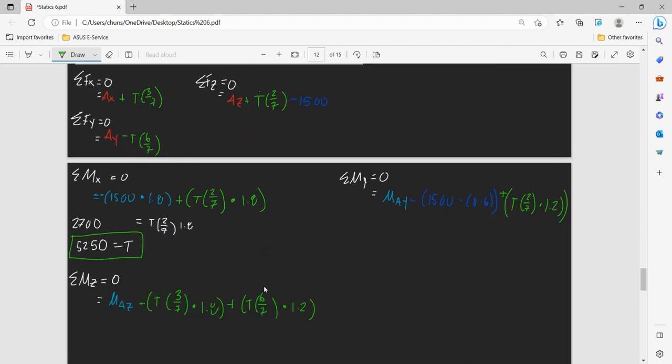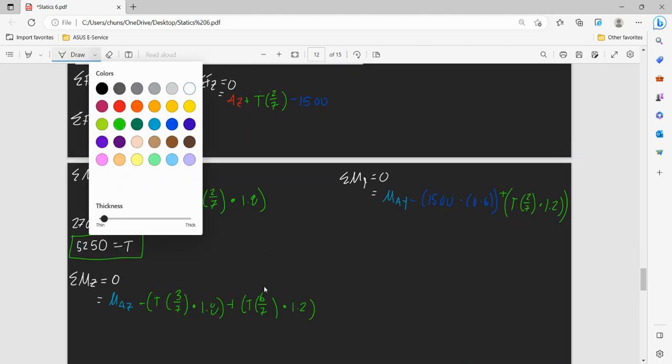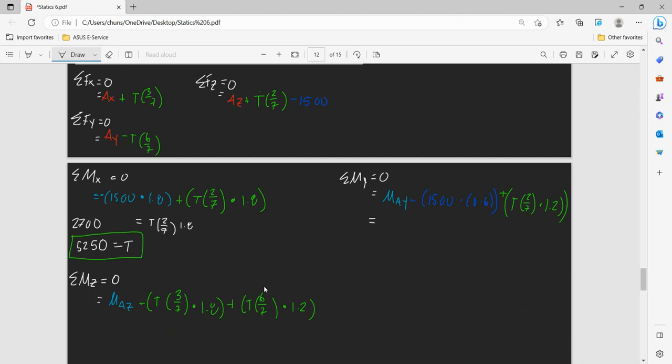So now we can start solving for our other values from our moment equations because we just have our moments. So this means our moment at A, our y-axis, is equal to positive 1500 times 0.6. So this is 900 plus T 2 over 7 times 1.2.